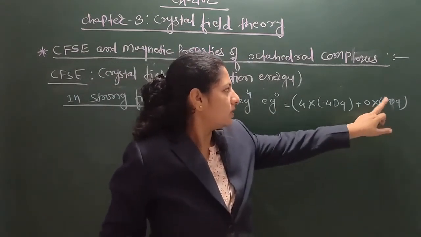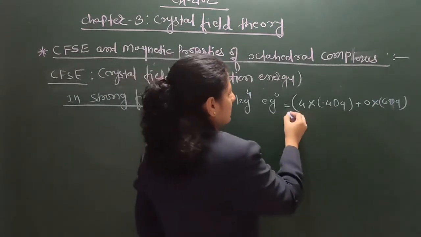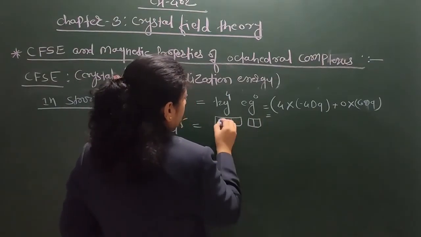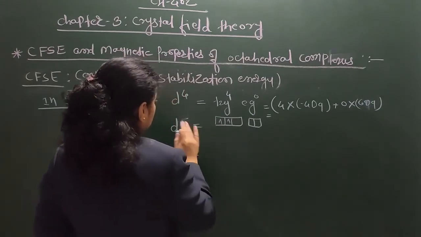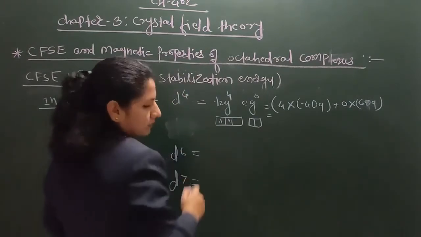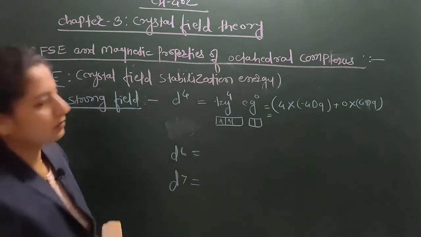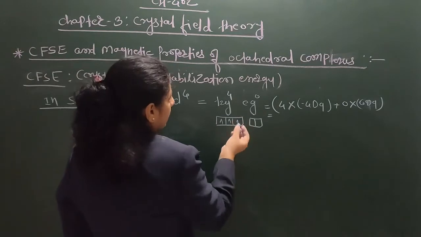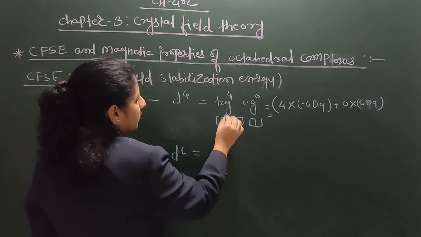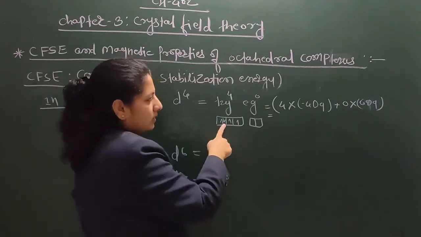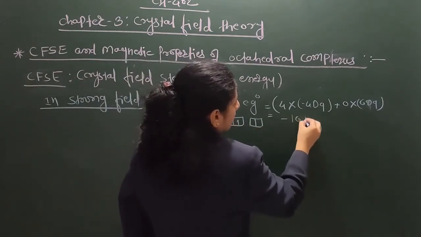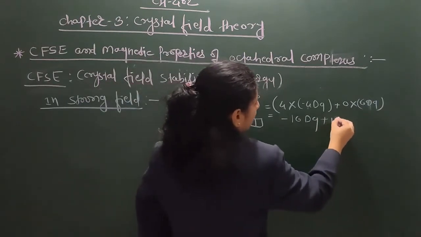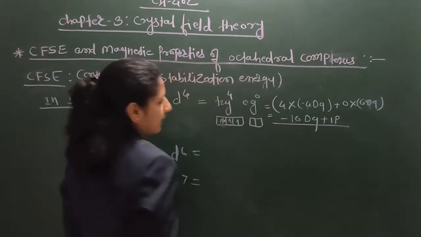For the fourth electron, due to the strong field ligand, it will pair in t2g. So there will be 1 paired electron, and we can write 1 pairing here, 1P.